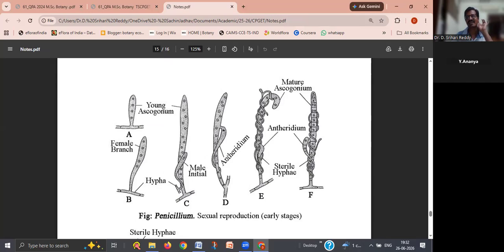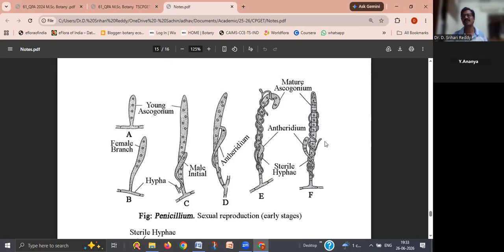The male branch coils around; it is called the antheridium, and the female branch is called the ascogonium. The male branch coils and touches the ascogonium, and after that fusion of the male and female gametes occurs, and the nuclei form pairs, plus and minus.